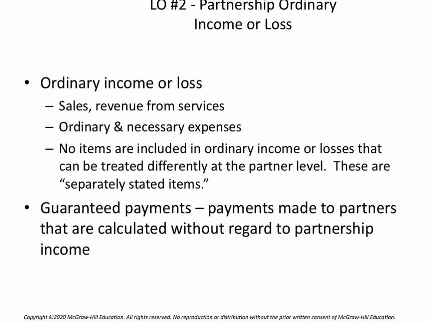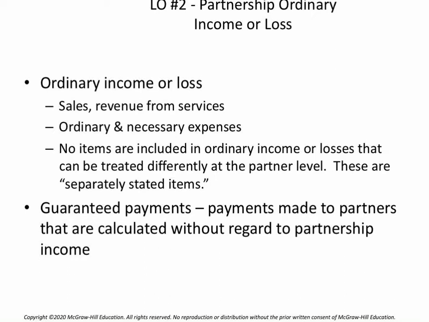So that's a characterization of this income or loss that we've typically seen before. And we're not going to have anything included in this that's treated differently at each partner level. That's going to be considered separately stated items, and we'll take a look at that later in this lecture in terms of how and why that is going to be set aside and stated separately.